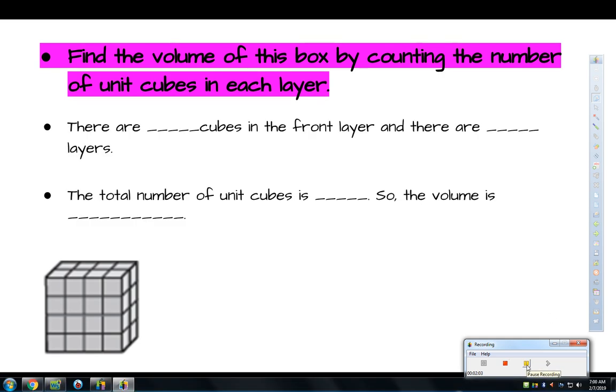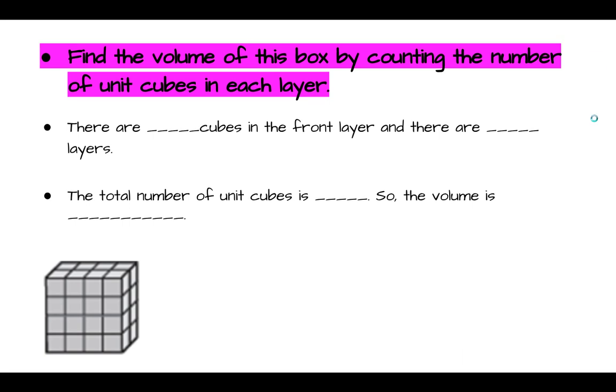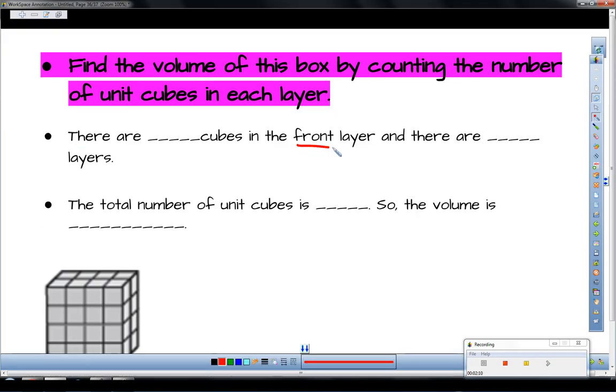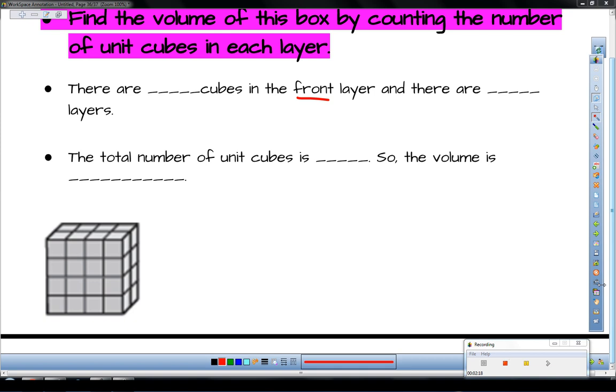So this first time through, I cut it into a front and a back. So what I did was I split this box here. And so there are 1, 2, 3, 4, 5, 6, 7, 8, 9, 10, 11, 12, 13, 14, 15, 16 cubes in the front layer.